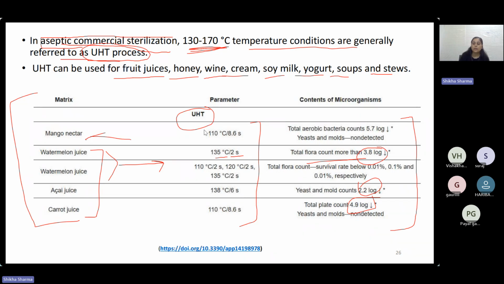Nowadays consumers want juices which are very similar to fresh, or just taken from the raw material.